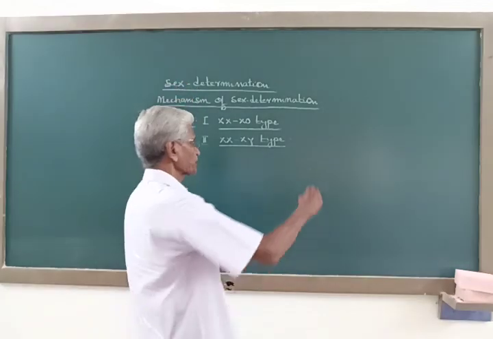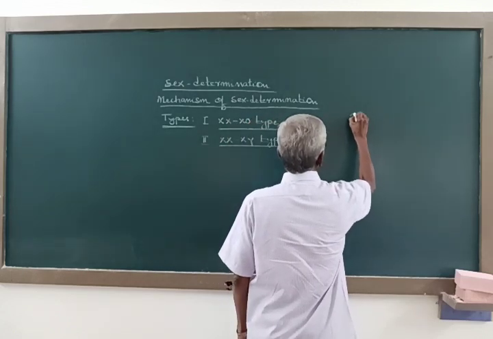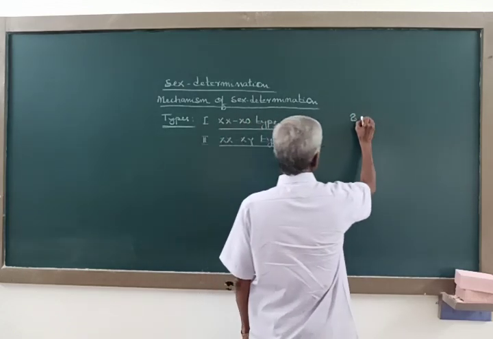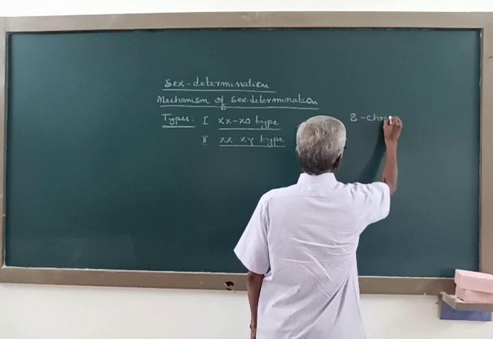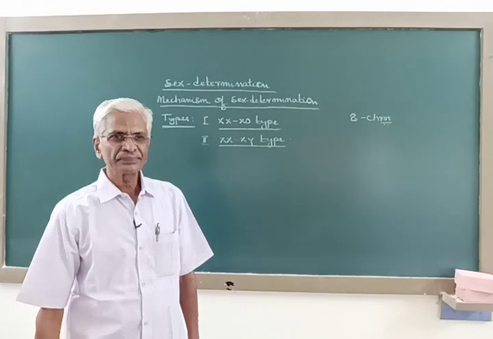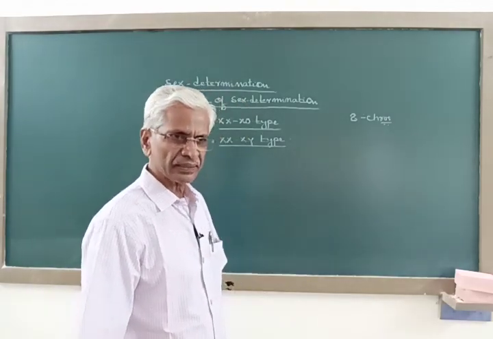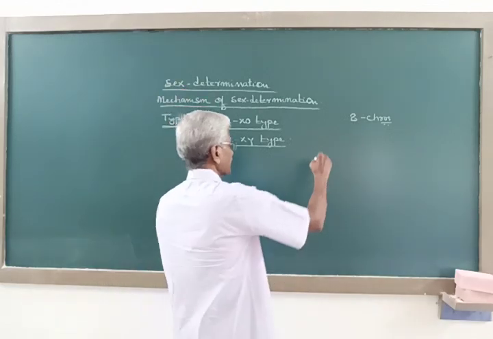Now in Drosophila, diploid number is 8. There are 8 chromosomes. Out of these 8 chromosomes, 6 are autosomes and 2 are sex chromosomes.